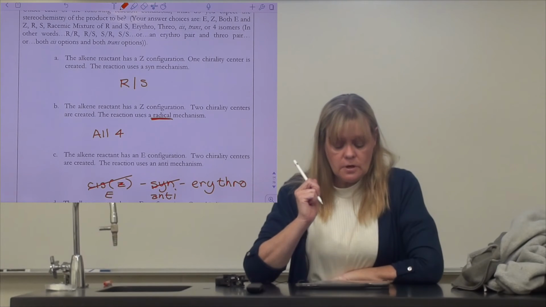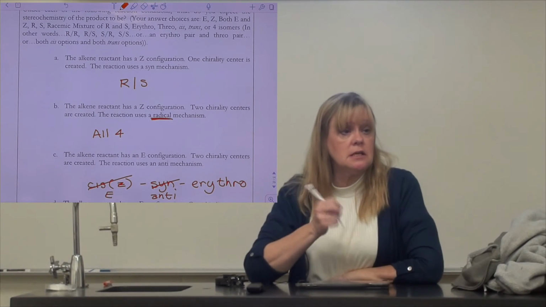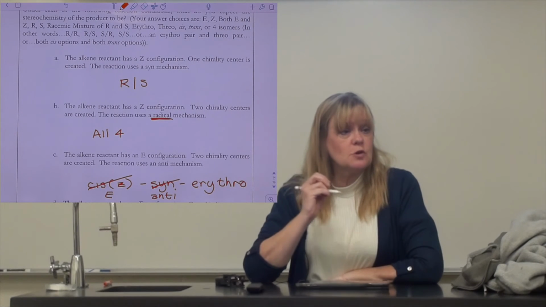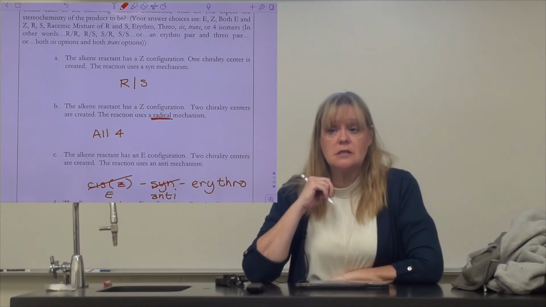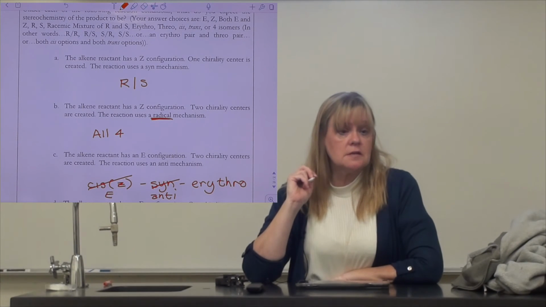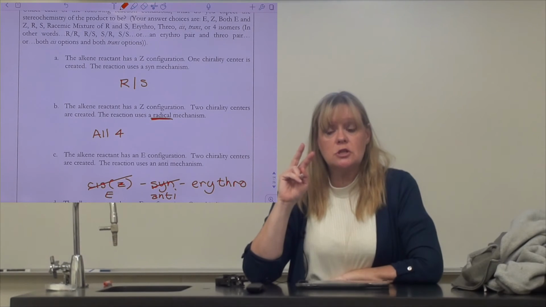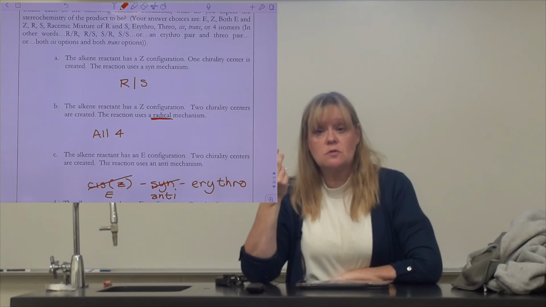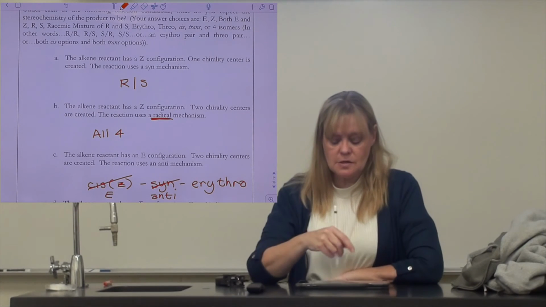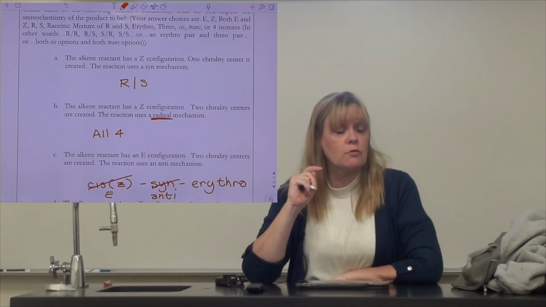So it has an E configuration. That means we're changing Z to E. And then it says that it uses an anti mechanism, so you're crossing off syn and changing it to anti. Since you've already changed 2 things, that means you've switched up what the stereochemistry would be, and then put it back again because you changed something else. And so that would be a pair of erythro.